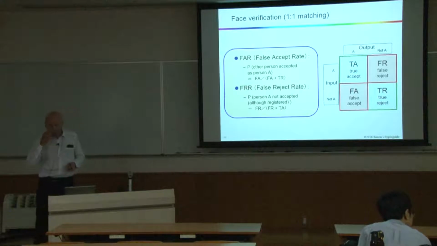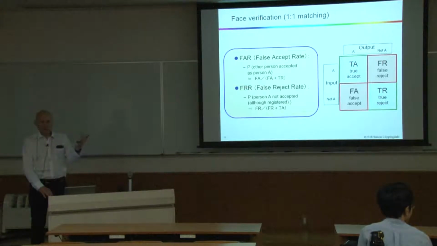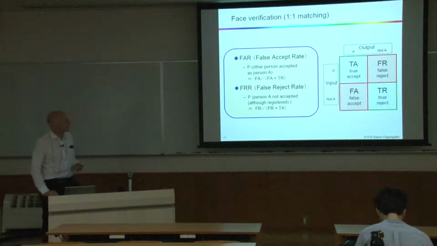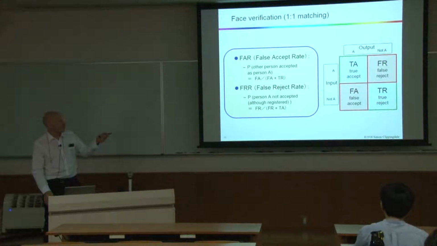For verification, where you're given a face and asked, is the input face the same face as this specified face? Again, the truth table looks pretty much the same. The errors are false reject or false accept, and you can categorize the systems by how well they do with respect to these errors.